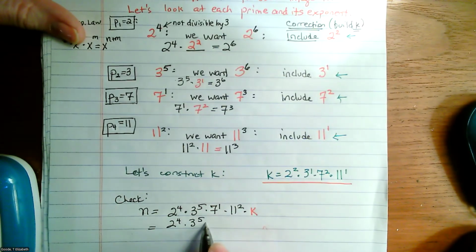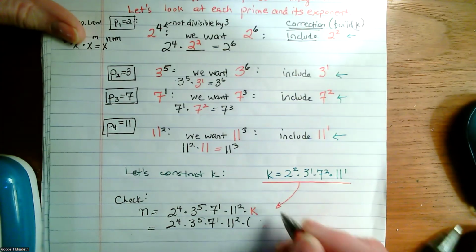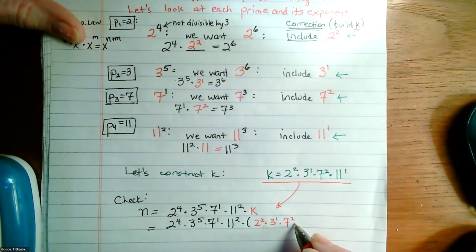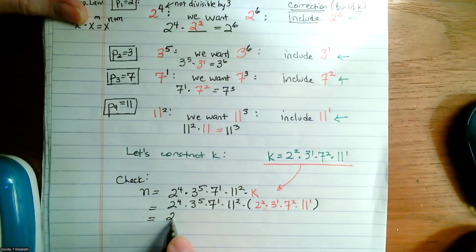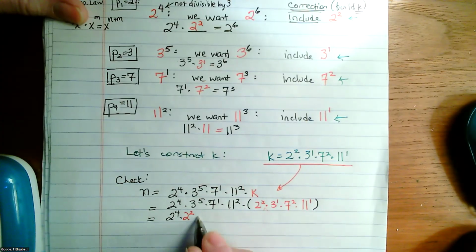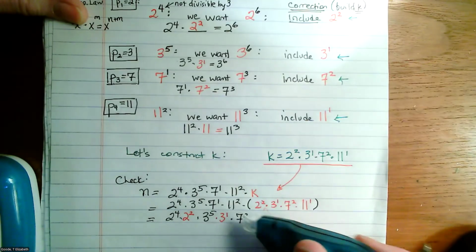And this also kind of reinforces these laws of exponents that some folks might be a little rusty about. So it's 2 squared times 3 to the 1 times 7 squared times 11 to the 1, right? And now we can just rearrange these factors and put the 2 to the 4th next to the 2 squared and the 3 to the 5th next to the 3 to the 1. You get what's going on here, right? I'm going to give you a do later because I feel like I've spoiled it for you.